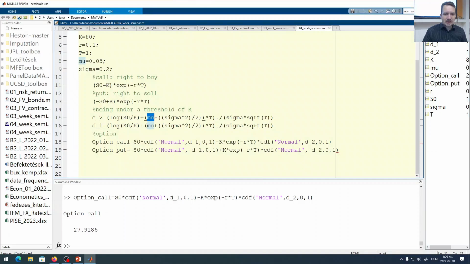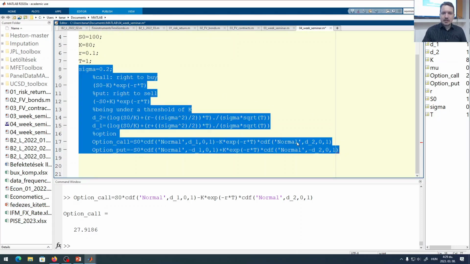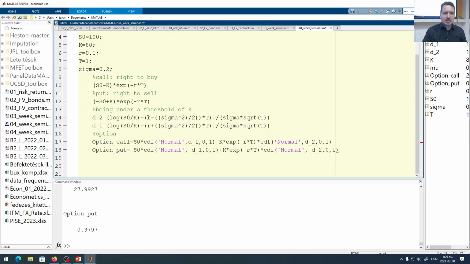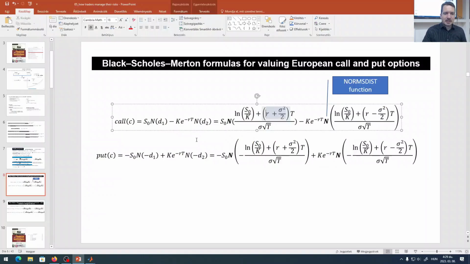So we have to say that it's not mu anymore, it's R. Sigma remains sigma, so we still have the risk, obviously, but we have to eliminate the mu as a variable. It's still working, just now with different numbers because the mu was eliminated.